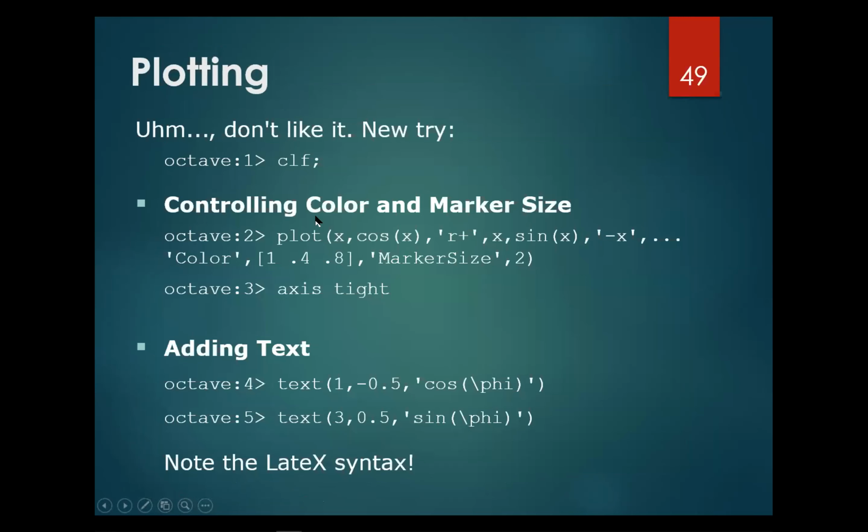Colors are numbers. I didn't talk about that. You can mix the colors. We have what we call the RGB color scheme. The RGB, that's the red, the green, and the blue. So the first one is red, the second one is green, and the third is blue. And they range from 0 to 1, so you can mix it.